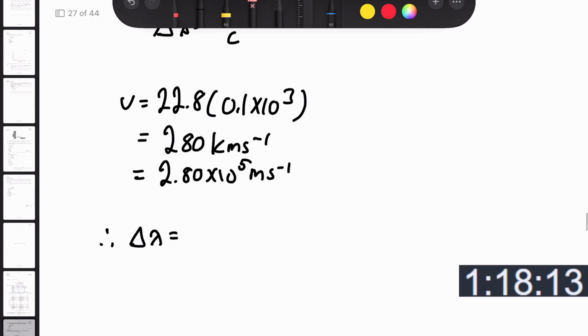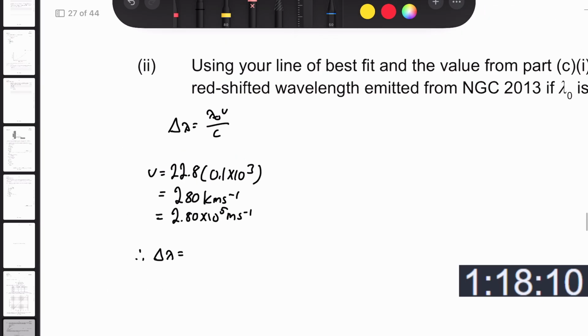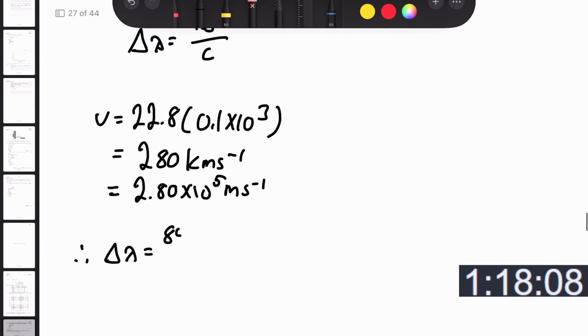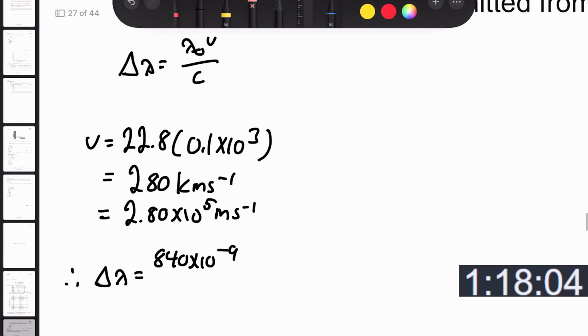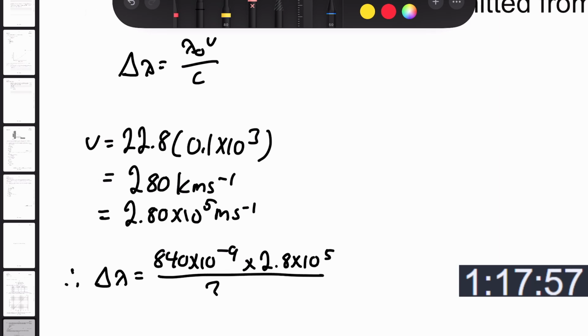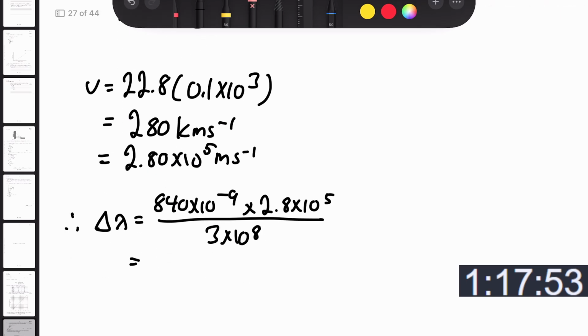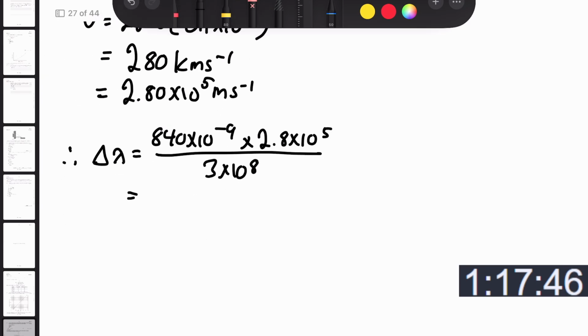So then my change in lambda is going to be 840 times 10 to the negative 9, times 2.8 times 10 to the power 5, all over 3 times 10 to the power of 8. It's going to be tiny: 7.84 times 10 to the negative 10.